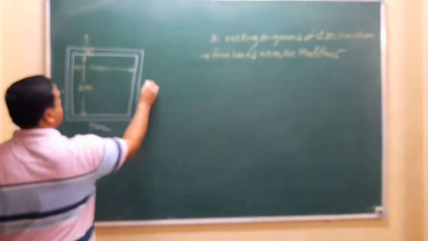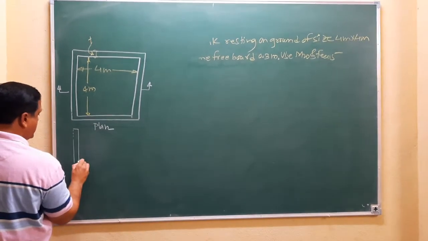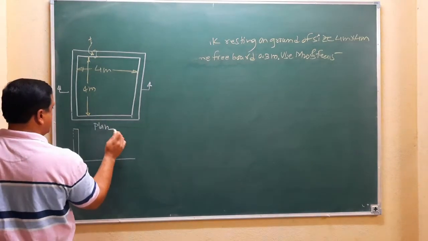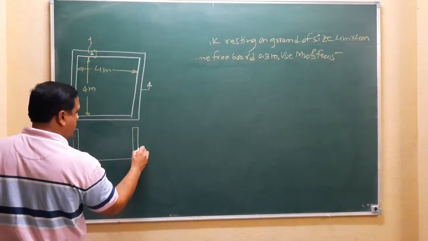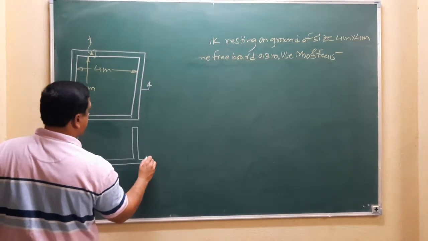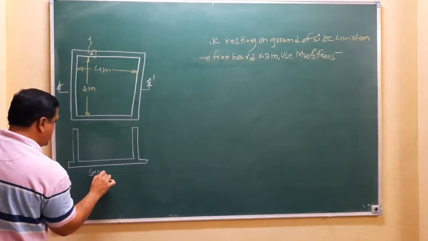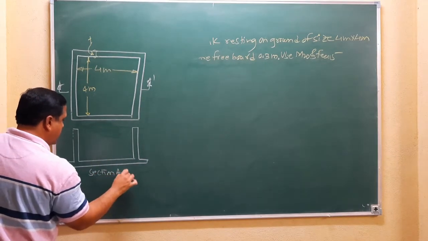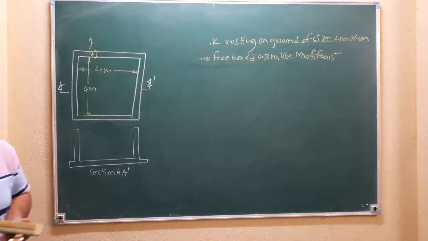Now I want to sketch the cross section. If you cut this tank like this, the cross section view is this. So this is section AA dash. Now the height of water is 3 meter.